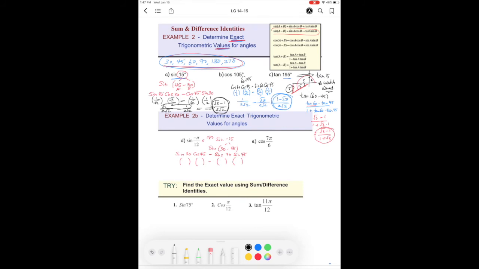We know that sine of 30 is 1 over 2, and cos 45 is 1 over square root 2. And cosine of 30 is root 3 over 2 and sine 45 is 1 over square root 2. So I get 1 over 2 root 2 minus root 3 over 2 root 2, which gets us 1 minus root 3 over 2 root 2.